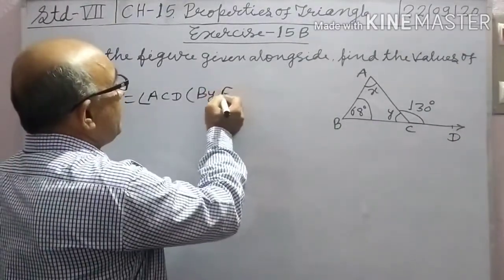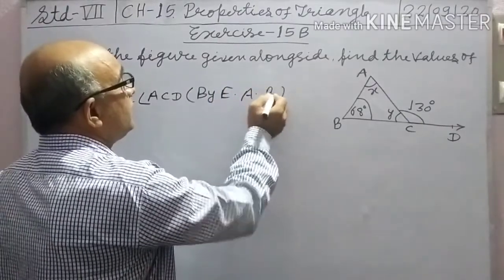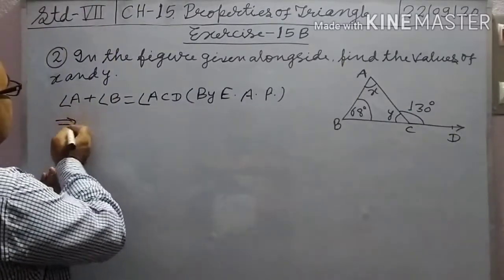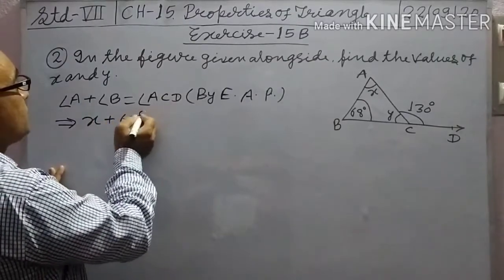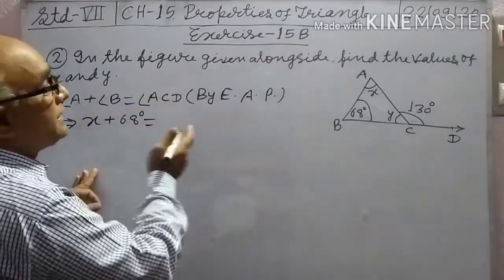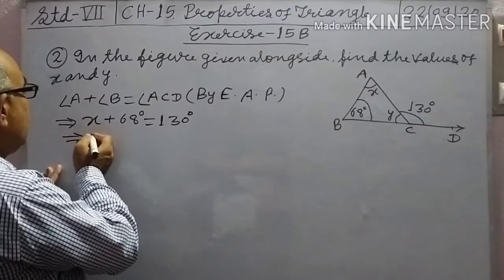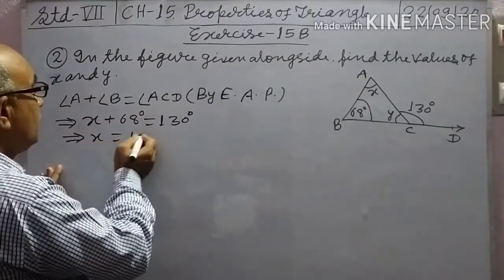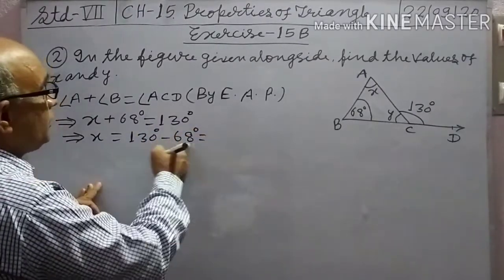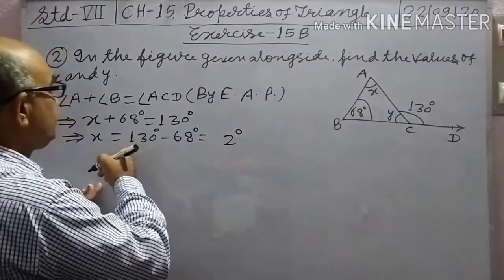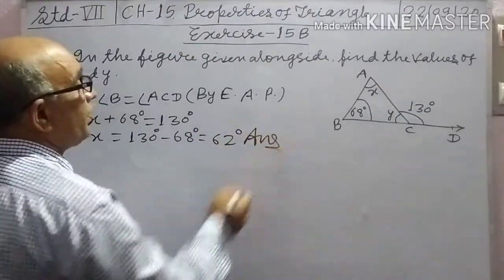So by exterior angle property, angle A equal to x plus angle B equal to 68 degree equal to angle ACD equal to 130 degree. That implies x equal to 130 degree minus 68 degree equal to 62 degree. So 62 degree is the value of x.